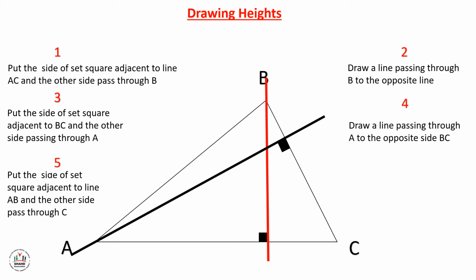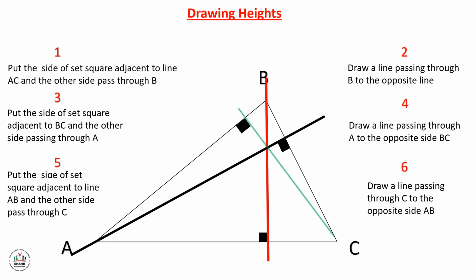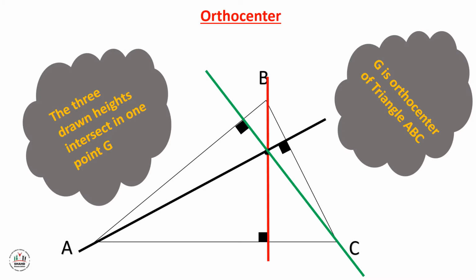And we do the same for the third height. And these are the three heights for this triangle. So the three drawn heights intersect in one point G, and this point is called the orthocenter of triangle ABC.